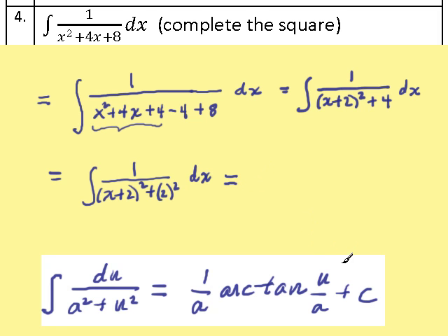Here we have 1 over a, and a is 2. So here we have 1 over 2 arctangent, u is x plus 2, over a is 2, plus c.